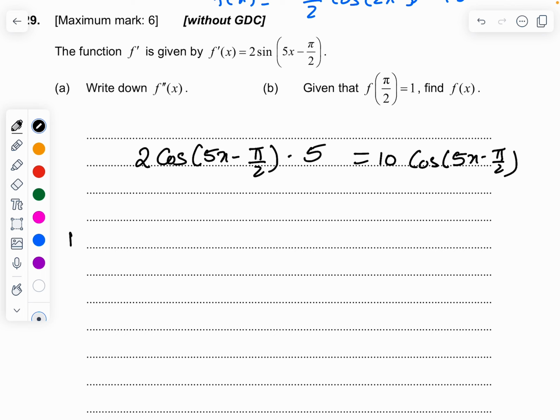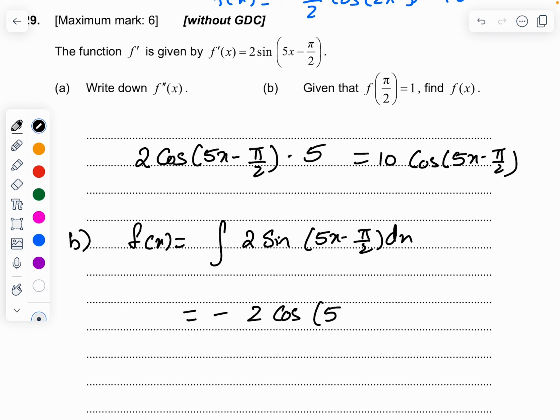Now part B, f of pi by 2 is 1. Find f of x. So f of x equals the integral of 2 sine of 5x minus pi by 2 dx. So it becomes minus 2 cos of 5x minus pi by 2 divided by 5 plus c.